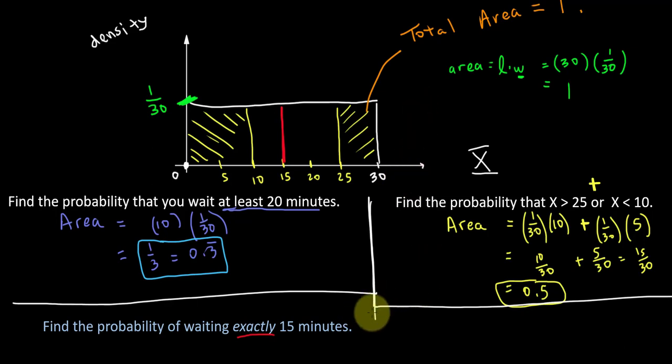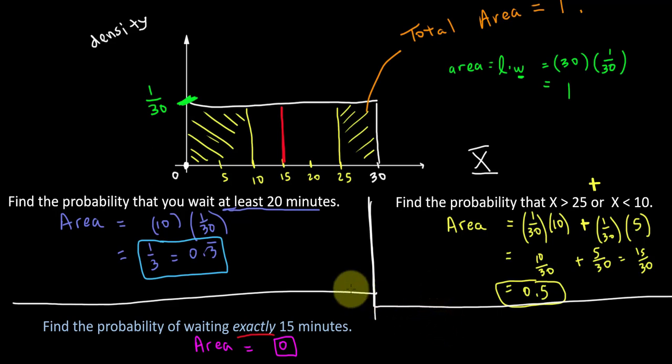Because exactly 15 minutes, it's not a region that encompasses an area. It's only one-dimensional. Here, there is no area. Area equals 0. Therefore, the probability of waiting exactly 15 minutes is 0.